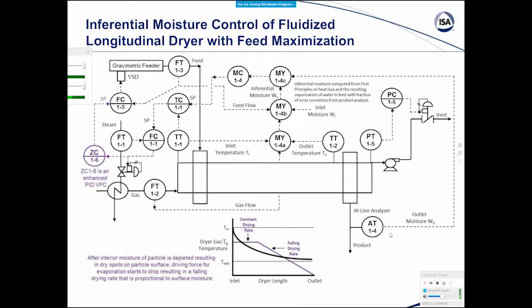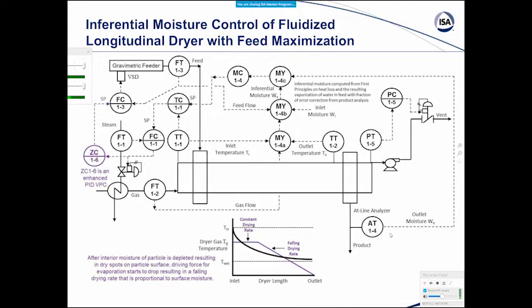And most dryers that don't have this are over drying the product and wasting energy, and also losing out on the opportunity to increase production rate, because you are selling a little bit of water, more water if you don't over dry the product.